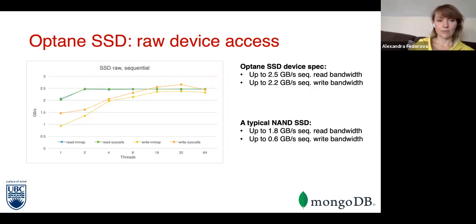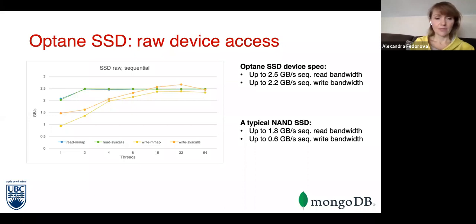So here's the raw performance with Optane SSD. There's no file system in use here. There's no kernel buffer cache. We're just opening the raw device as a file and reading and writing to it. The y-axis shows the throughput in gigabytes per second, and the x-axis shows the threads.